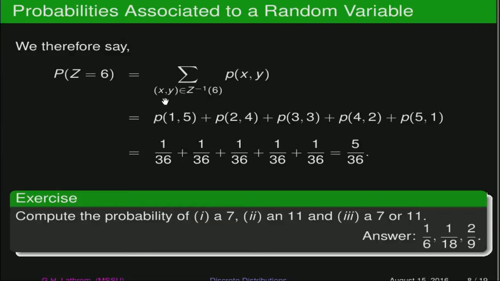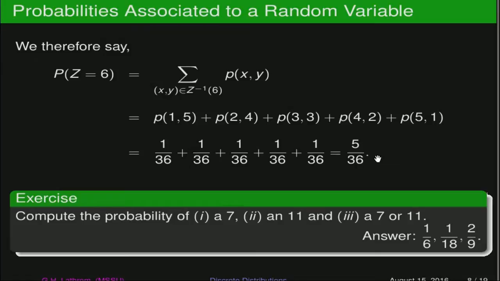So all of the elements that are in the preimage of 6 under Z. That's going to give us the probability of the ordered pair (1, 5), plus the probability of (2, 4), probability of (3, 3), probability of (4, 2), and probability of (5, 1). If we add all of those together, then sure enough, we get the probability of rolling a 6 being 5/36.